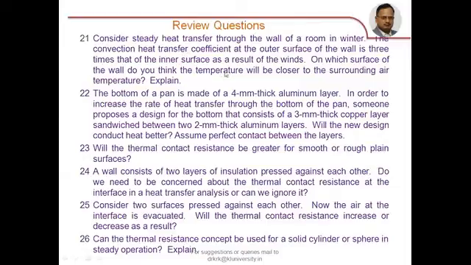Imagine steady state heat transfer through the wall of a room in winter. The heat transfer coefficient at the outer surface of the wall is 3 times that of inner surface. So on which surface of the wall you think the temperature will be closer to the surrounding air temperature? Next, the bottom of a pan is made up of aluminum layer of 4 mm thick.